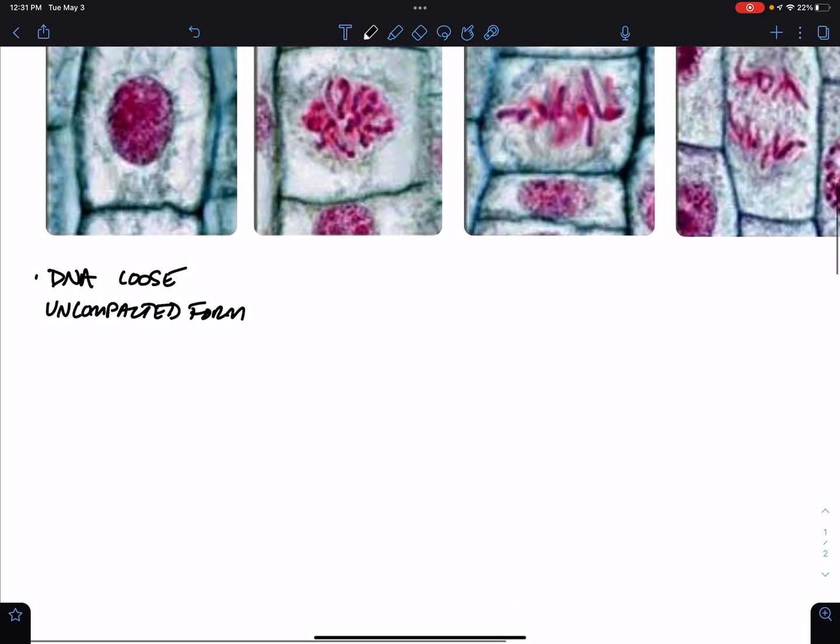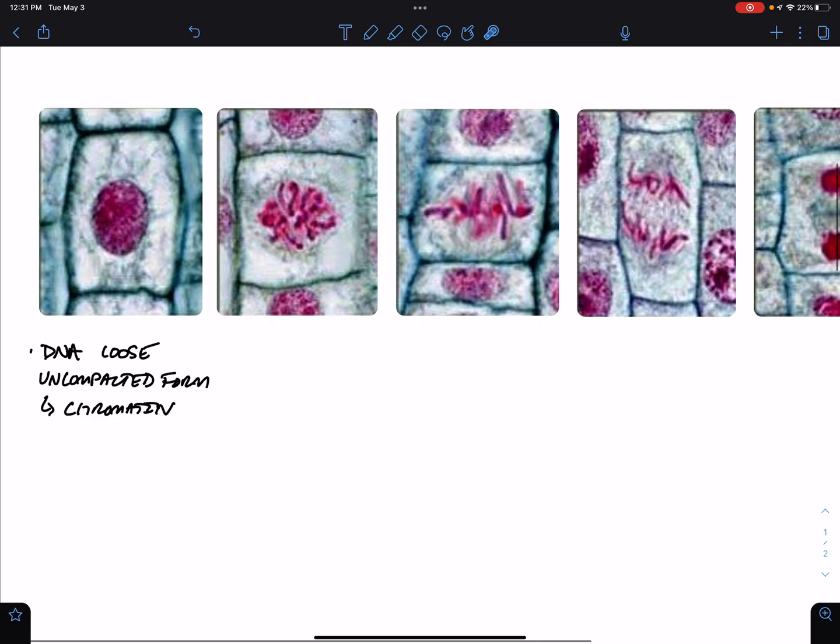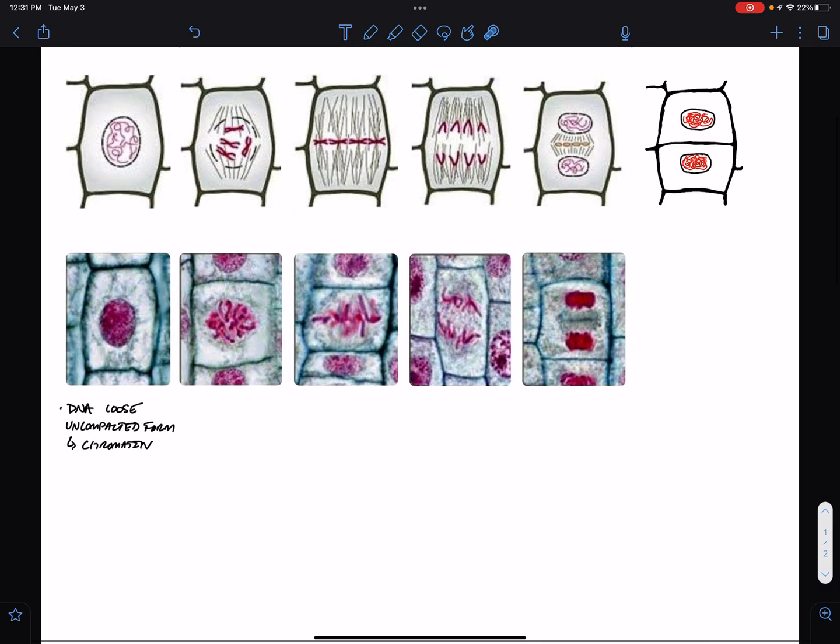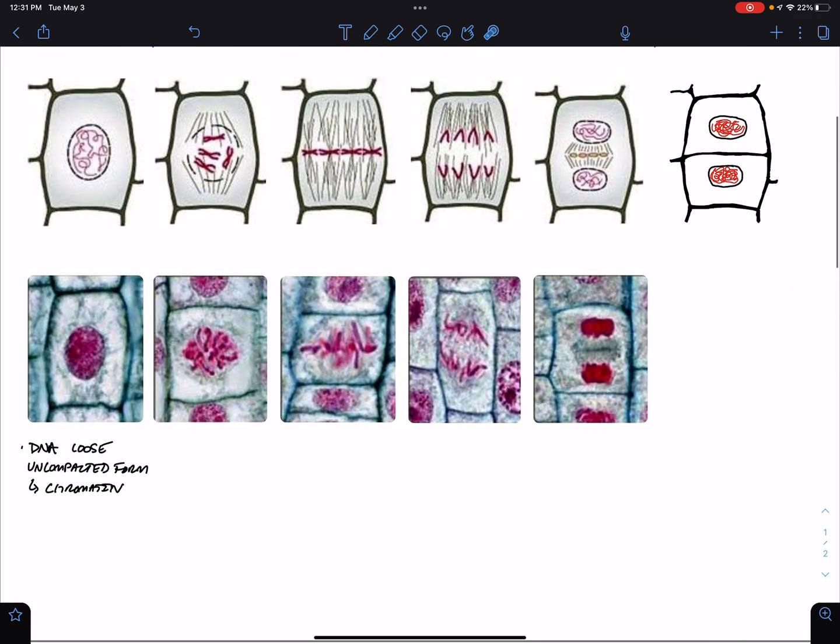And this form is called chromatin. We'll talk more about the structure of chromatin, but know that it's DNA coiled around proteins, and together they form what's called chromatin. In interphase, the nucleus is intact, and the texture of the nucleus is kind of mostly uniform.